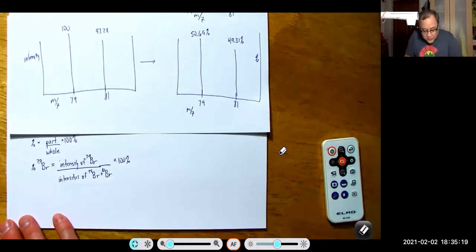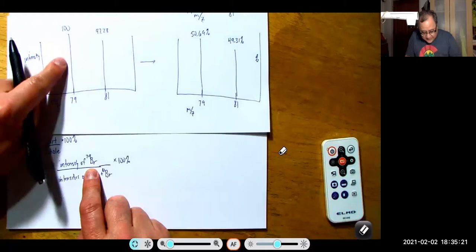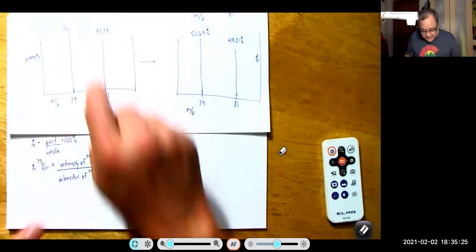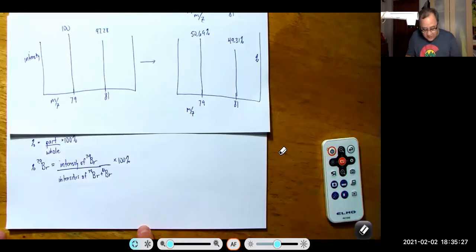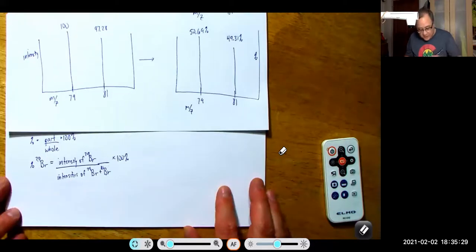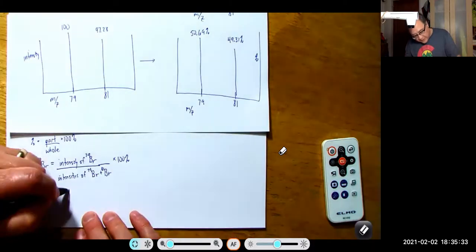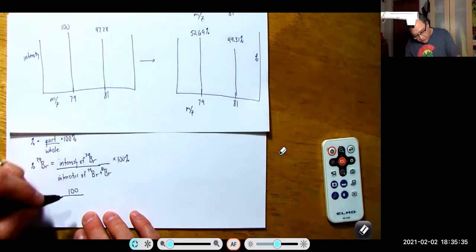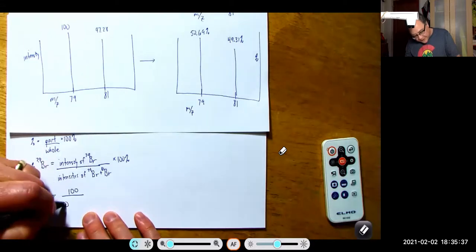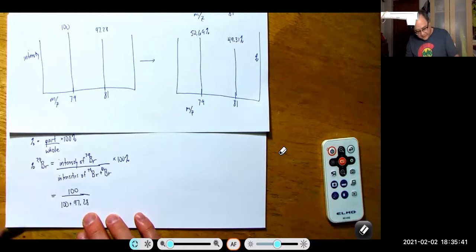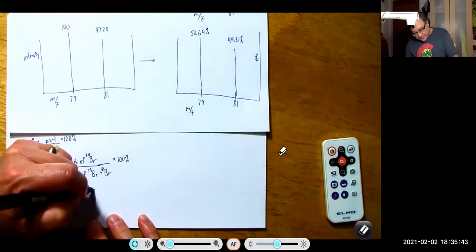So that's the part we're interested in, bromine 79. The whole is both intensities: part over whole, and then 100%. So if I actually plug numbers in here, I get 100 over 100 plus 97.28 times 100%.